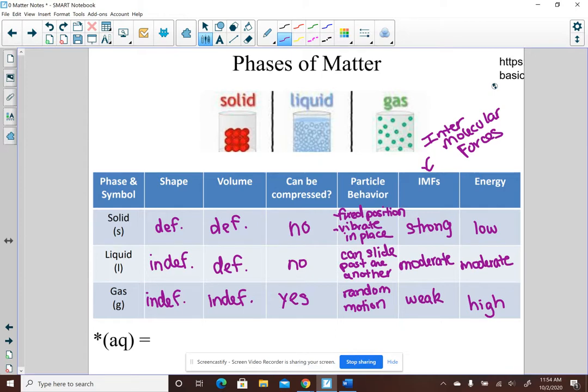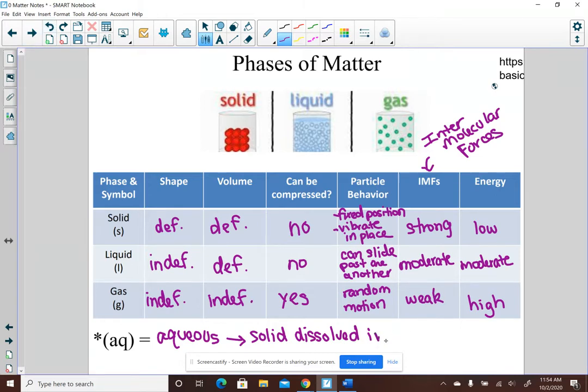Okay. Now down here, I have the abbreviation AQ, which we talked about in our last video, means aqueous. It's not really a phase of matter, but it describes a solid dissolved in a liquid, in water, really.